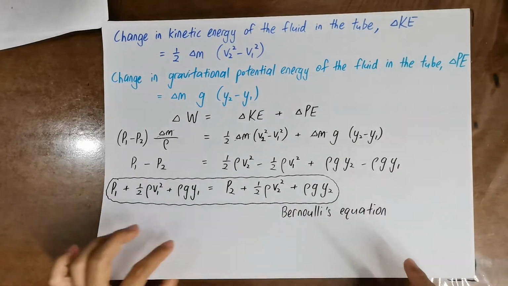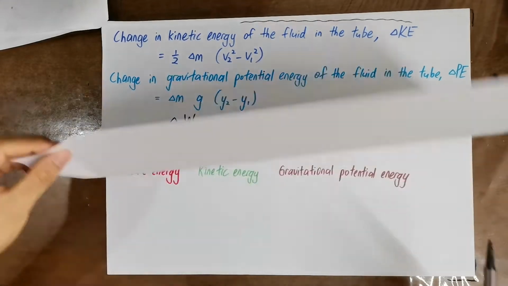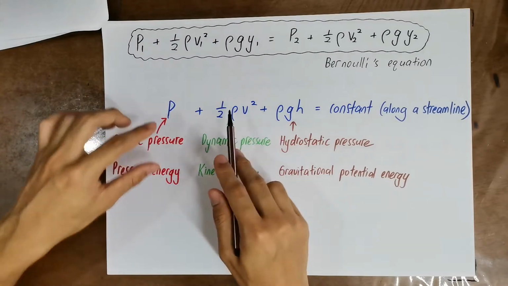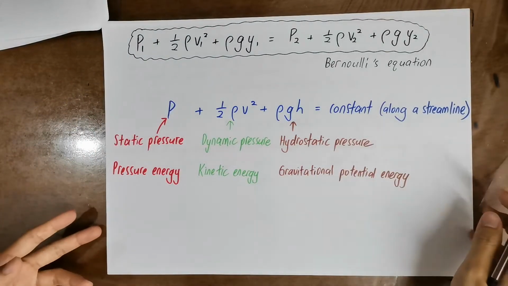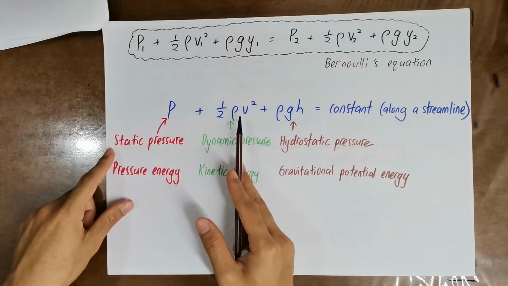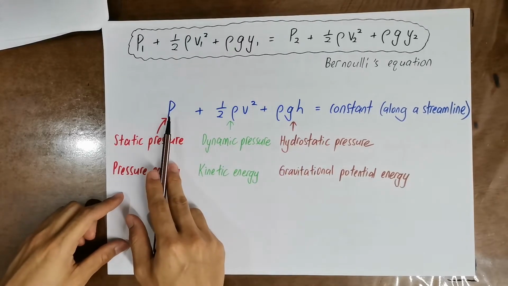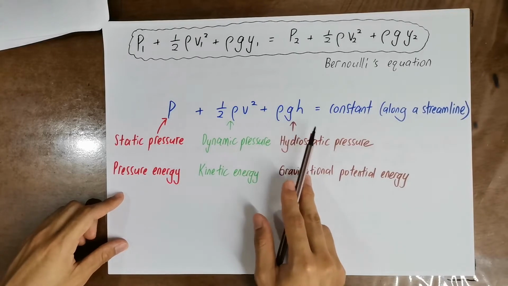You can also write Bernoulli's equation in another form, in which the sum of all of them is a constant along a streamline. Some people will say this is static pressure, this is dynamic pressure, this is hydrostatic pressure, or you can say this is pressure energy, this is kinetic energy, and this is gravitational potential energy.